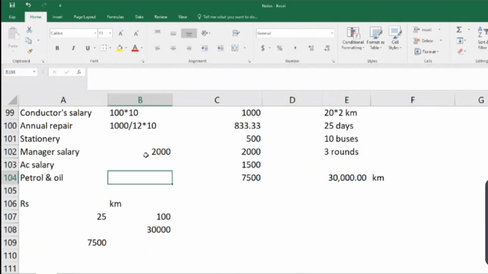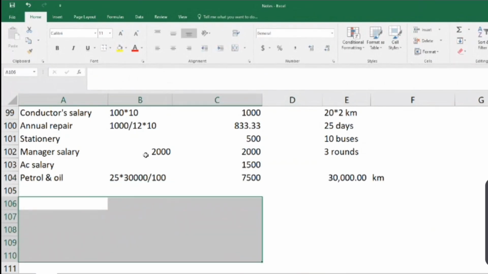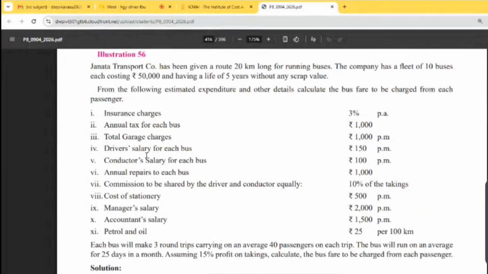Even if you get 10 passengers, you will be traveling 30,000 kilometers to complete the trip. If you get 100 passengers also, you have to travel 30,000 to reach your destination. So what is this calculation? 25 into 30,000 divided by 100. Okay, so this is your petrol and oil expenses.